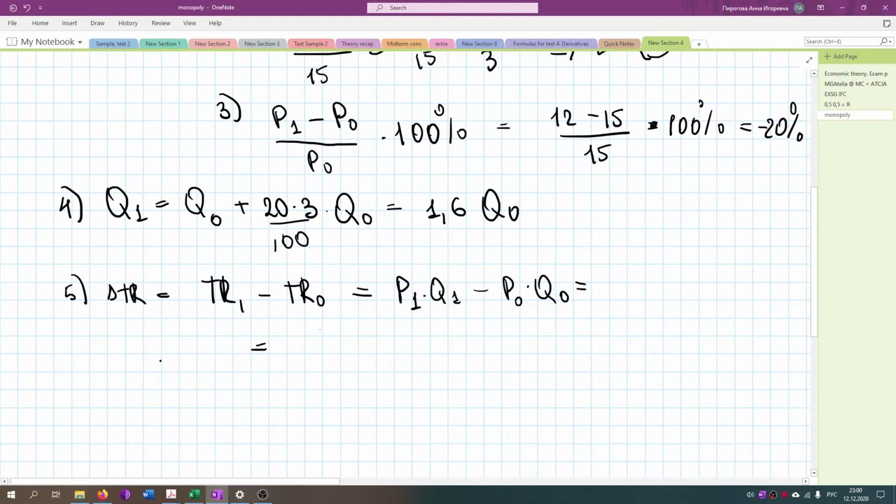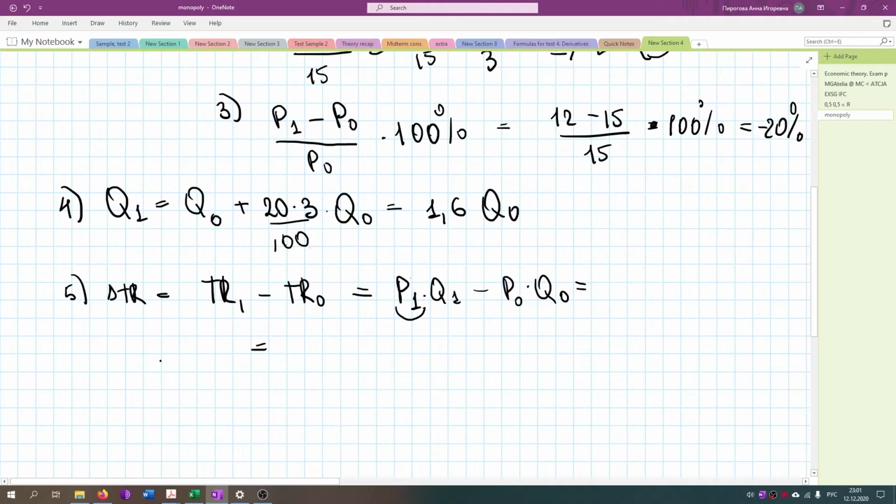Then, instead of price 1, we can write it in terms of price 0.